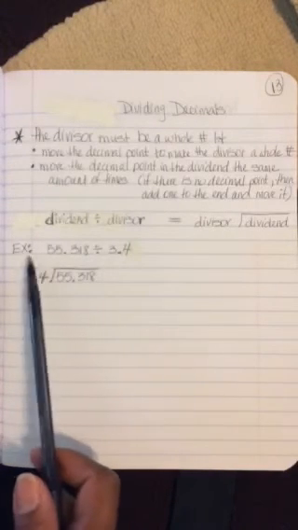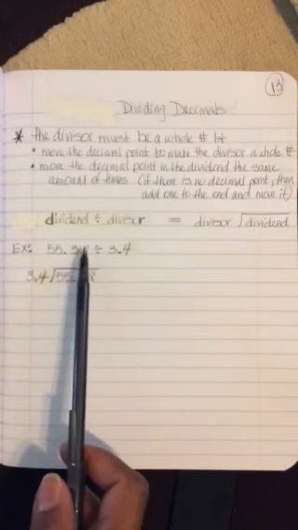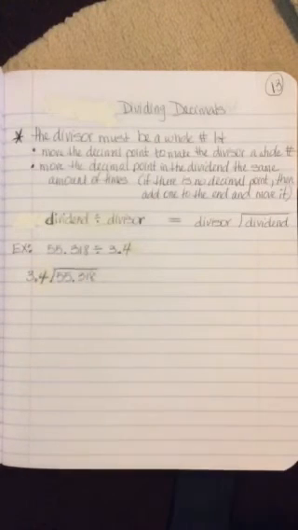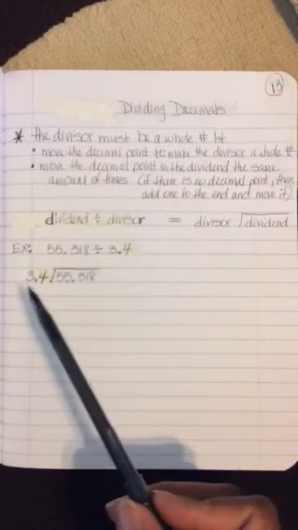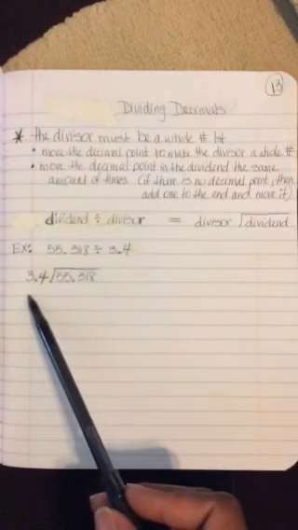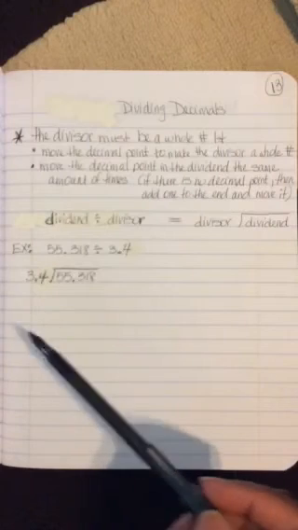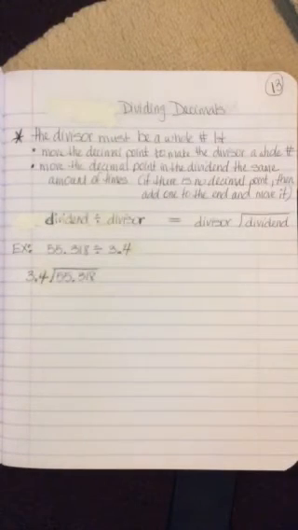Okay, our first example, we're going to do 55 and 318 thousandths divided by 3 and 4/10ths. So when I set this up, 3 and 4/10ths goes on the outside, 55 and 318 thousandths goes on the inside. Now I need to move my decimal point to make my divisor a whole number.